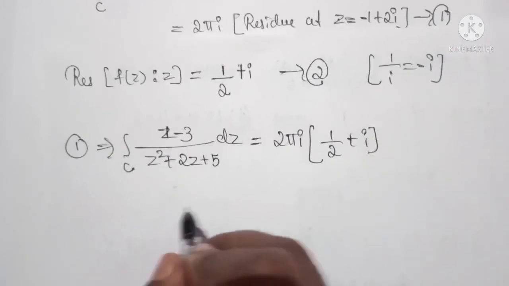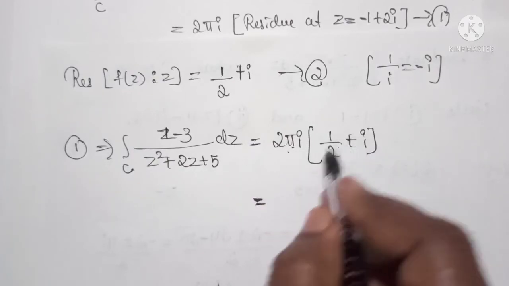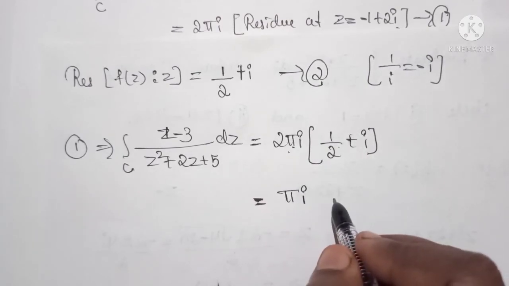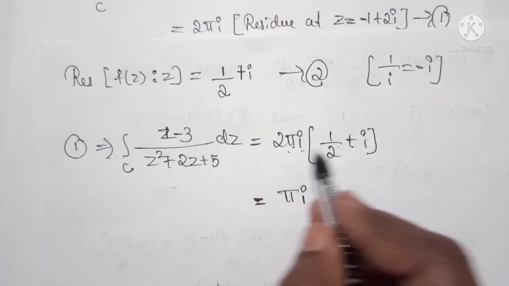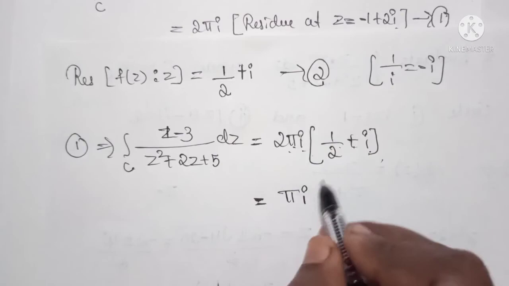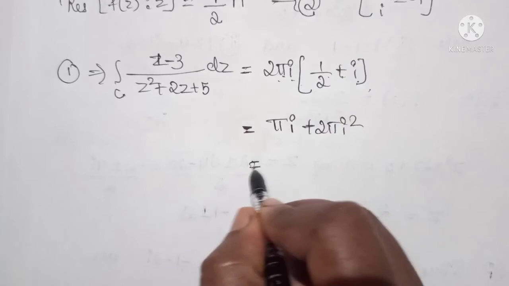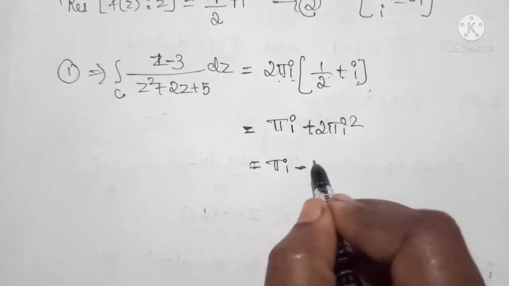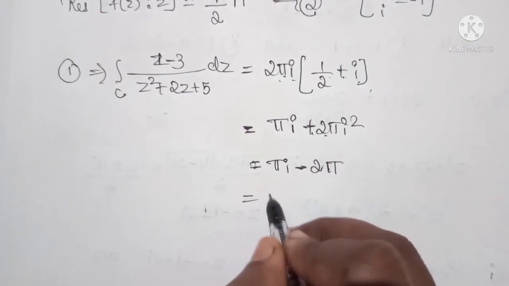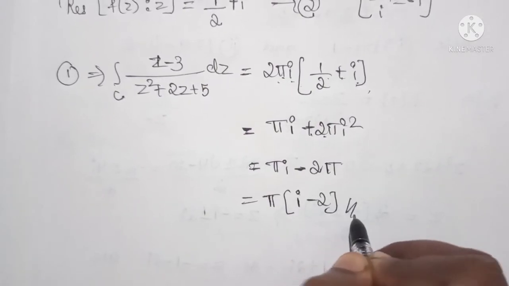Multiplying out, the 2 cancels, we get pi i plus 2 pi i square. Since i square is minus 1, this is pi i minus 2 pi. Taking pi common, we get pi into (i minus 2). So this is the required answer.